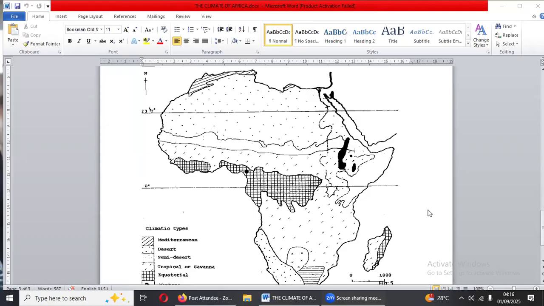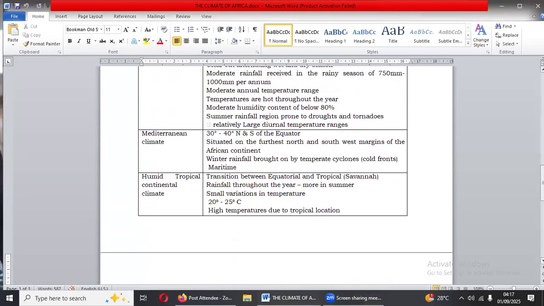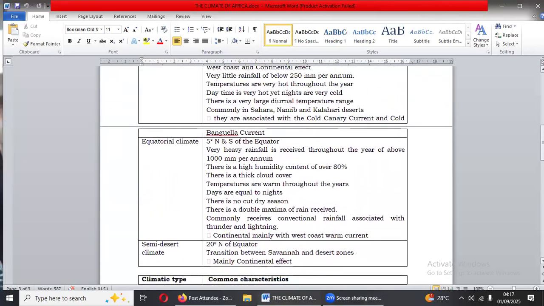Then I now want us to first look at the different types of climate that we do have, plus their characteristics.